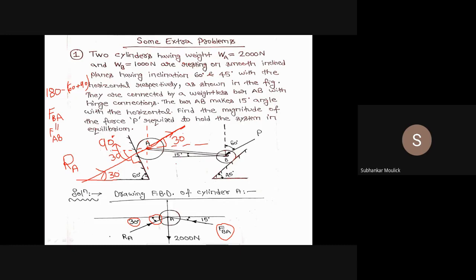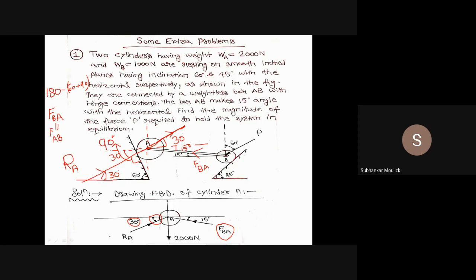If this is 15 degree, definitely this angle is also 15 degree by geometry, and the direction of FBA will be in this direction. This is the direction of the force FBA. Clear? That means this angle 15 degree is nothing but this angle 15 degree.